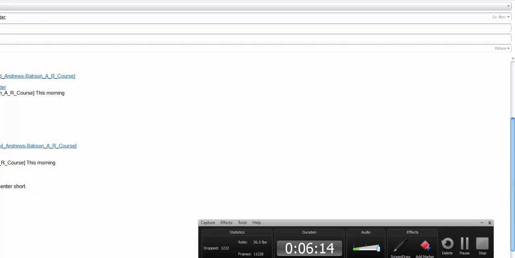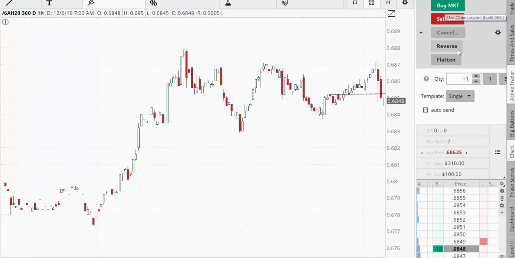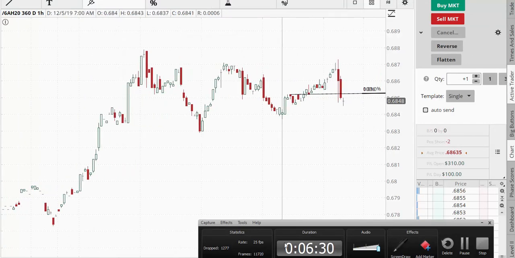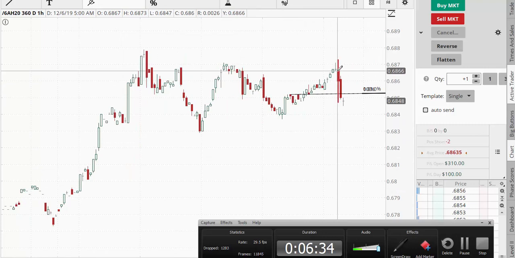And then about 45 minutes later, I let the group know, looks like the move down has begun. So we can see right here, right around here, I wound up doing the sell of an additional position. I already had one short on.